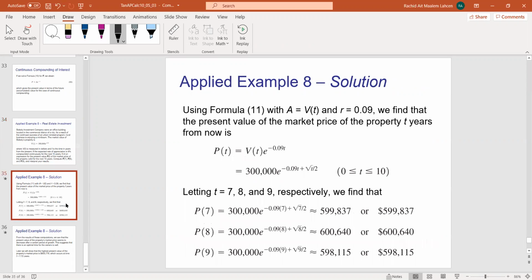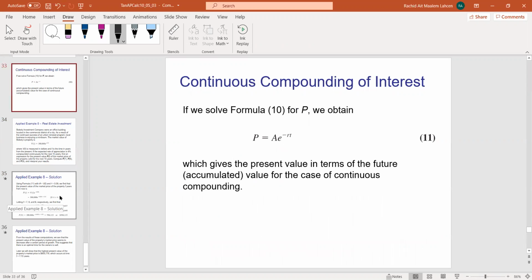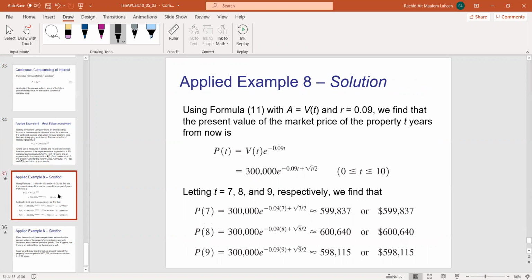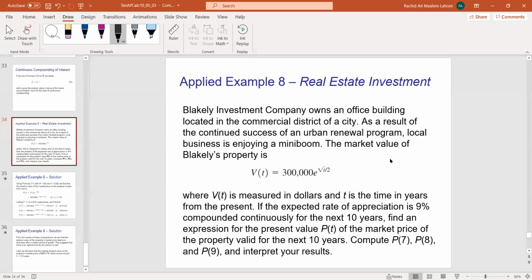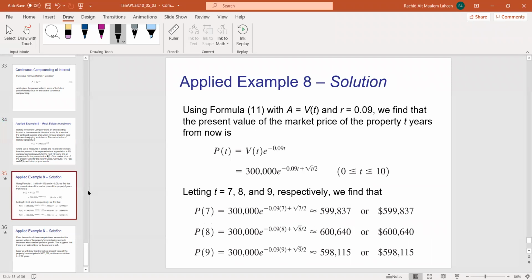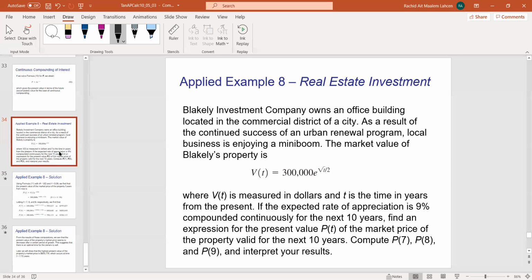All right, so if we look at this formula 11, continuous compounding, to find the present value, we can just use these here. So the market value with the e and the 9%, and we can substitute the V here, which is 300,000. Let's write it 300,000.